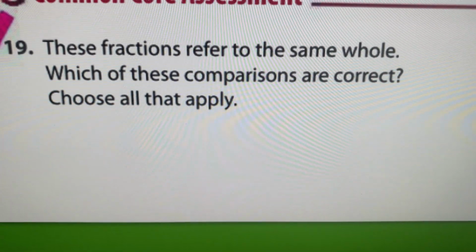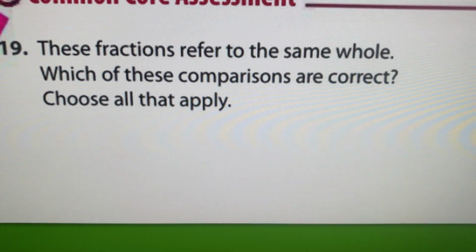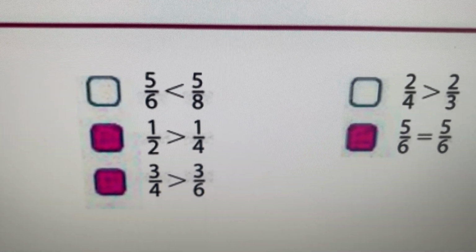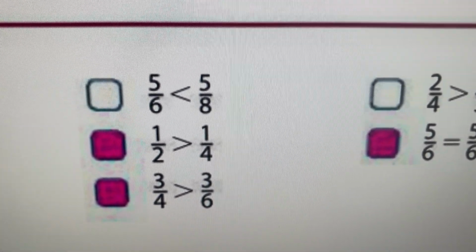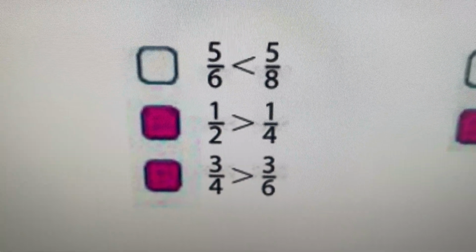These fractions refer to the same whole. Which of these comparisons are true? Is 5 over 6 less than 5 over 8? No. We said greater denominator is always less.